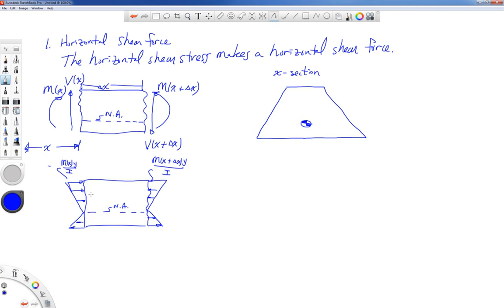What I'm going to do is draw another picture where I cut off the top part of this figure. I'm going to draw another free body diagram. We haven't done this very often, but we're going to make a small free body cut from a free body cut.